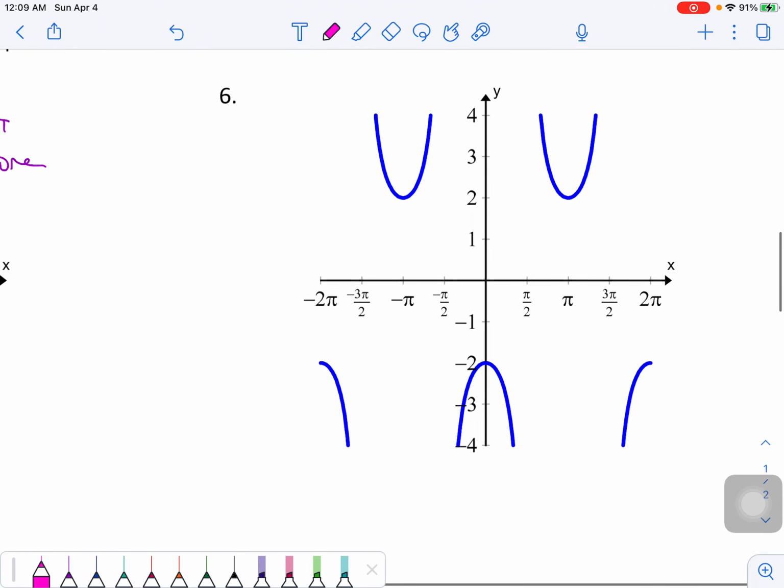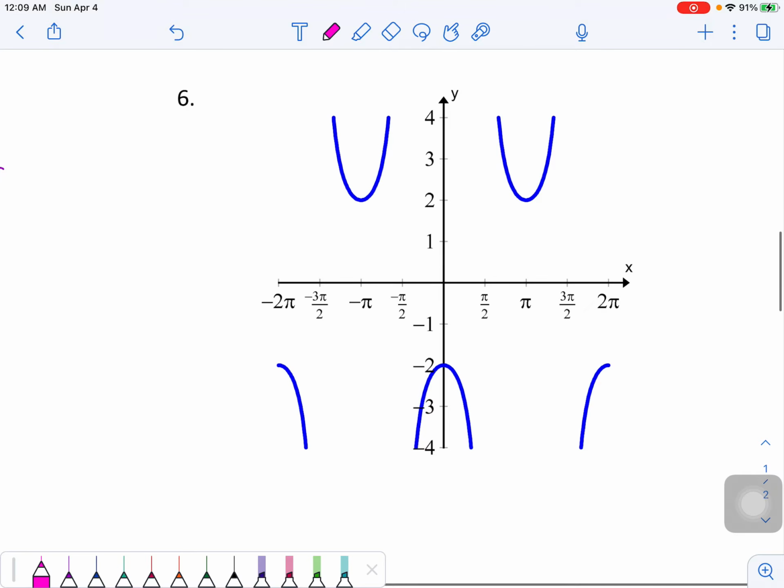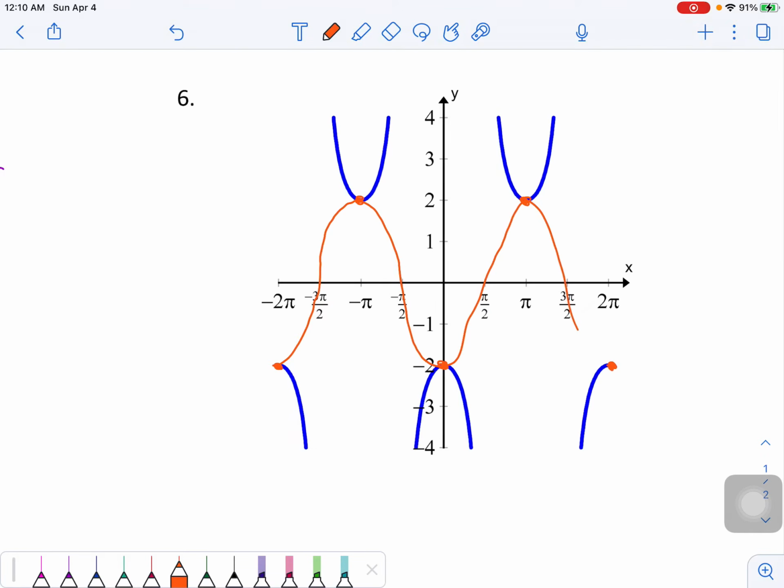I'm going to go ahead and slide over to number 6, and I want to do kind of the same thing. I want to match up whatever curve I have. So if I pick the minimums and maximums here, it gives me an idea of what my curve kind of looks like. Again, not perfect per se.